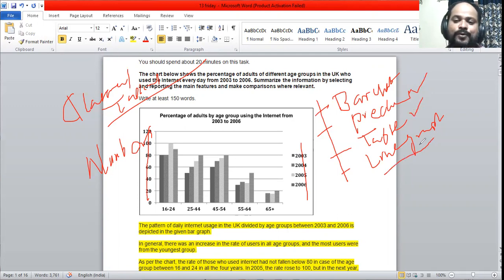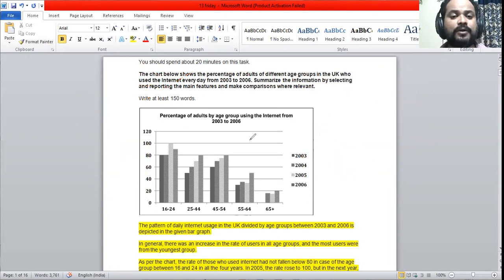In line graph, we can go with approximate differences. Bar chart also, we go with approximate differences. So we do have a lot of calculations in all these types of task 1. Now let's see in detail what we have to do here.